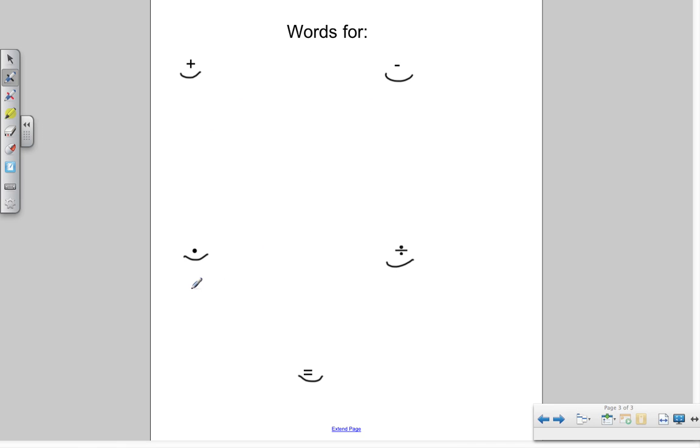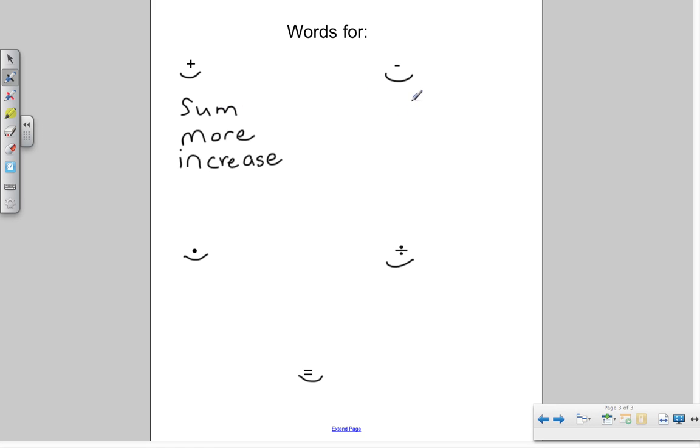But then there's some that I wanted to point out to remind you about. The word sum is always referring to an addition sentence. You could use words like more or increase. And I know we've brainstormed many of these words before.